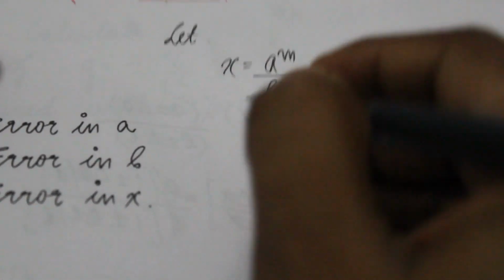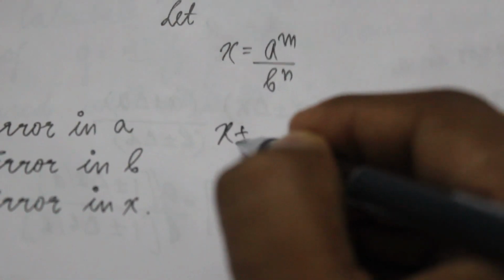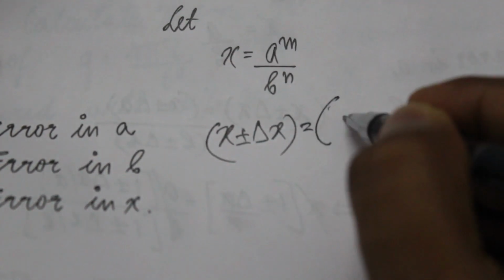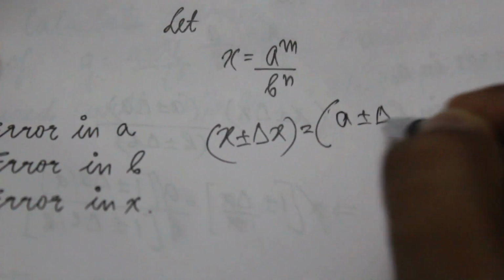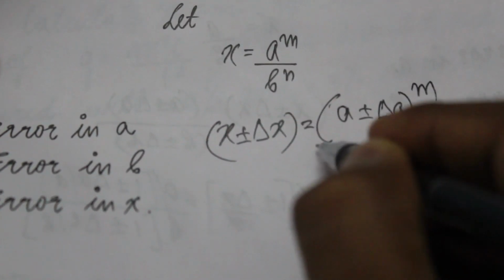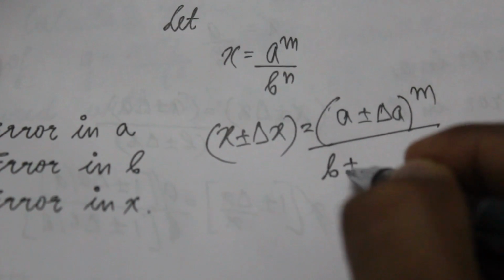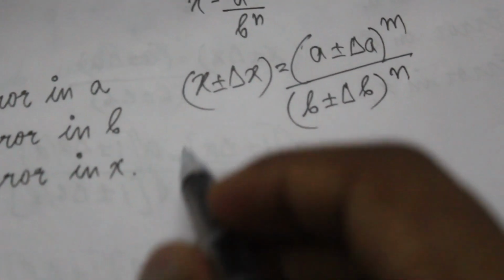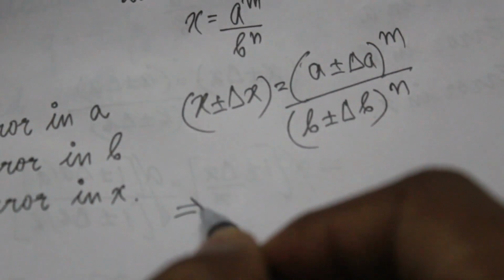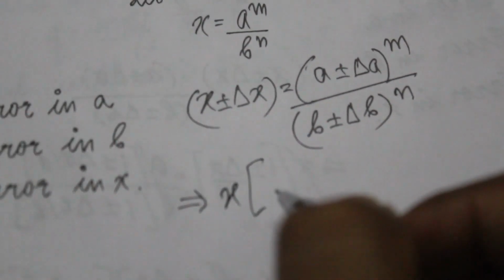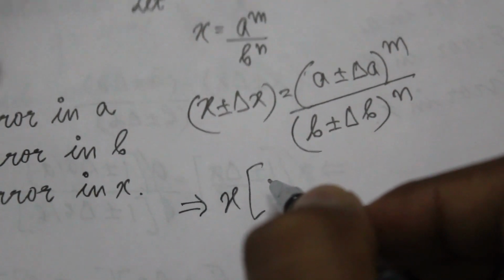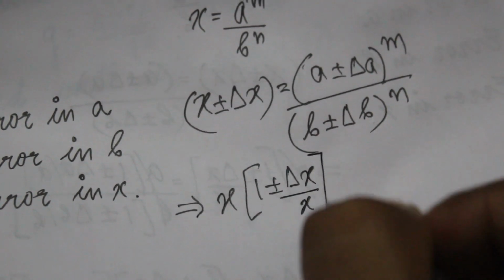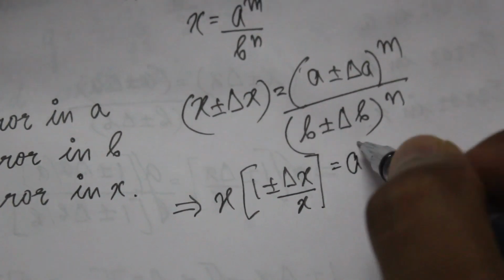So we can write this in the form x plus minus delta x is equal to a plus minus delta a to the power m upon b plus minus delta b to the power n. I take x common out of here, I get x into 1 plus minus delta x upon x is equal to a to the power m.